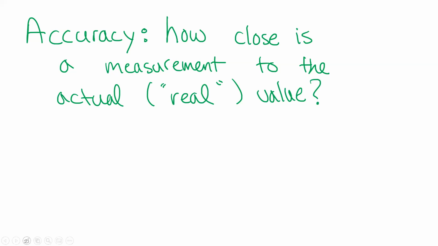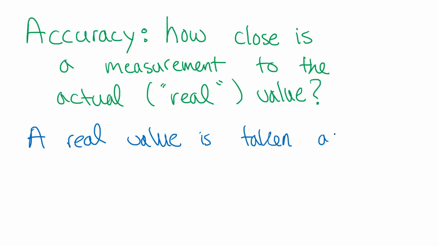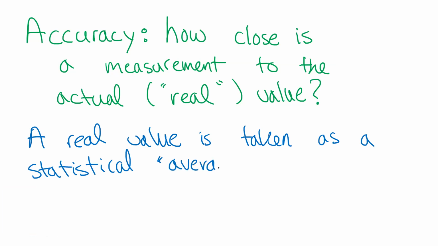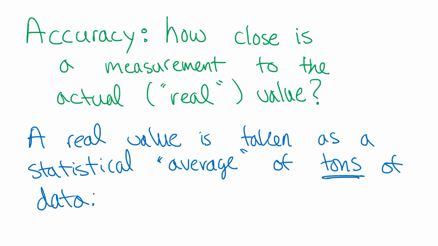How do we determine a real value? Generally, a real value is taken as a statistical, quote unquote, average of tons of data. You do a ton of data collection of the same thing.